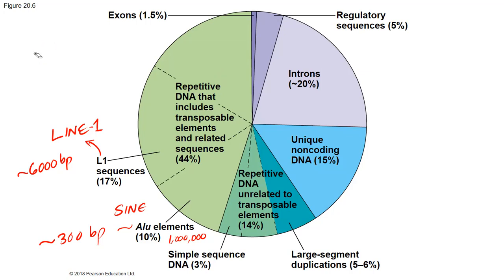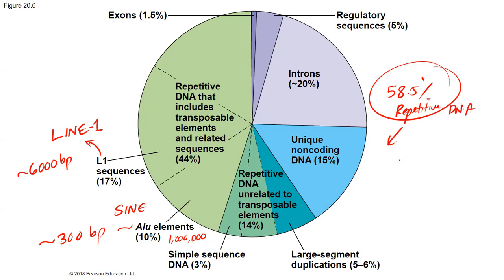Sorry, you have 1.5%, 5, 20, and 15. Okay, what is left is almost, let's say, 58%, or around 60%, consists of repetitive DNA. So this is repetitive DNA sequences that are repeated over and over in the genome.